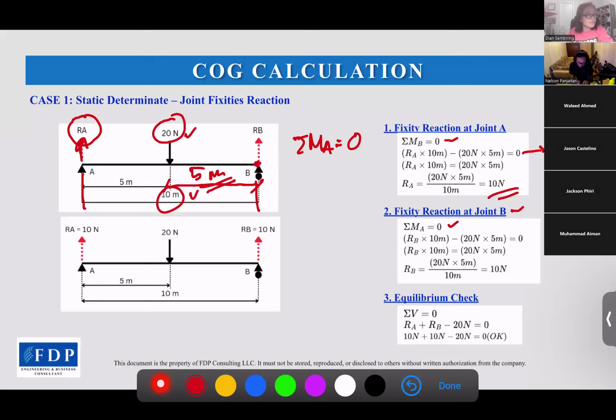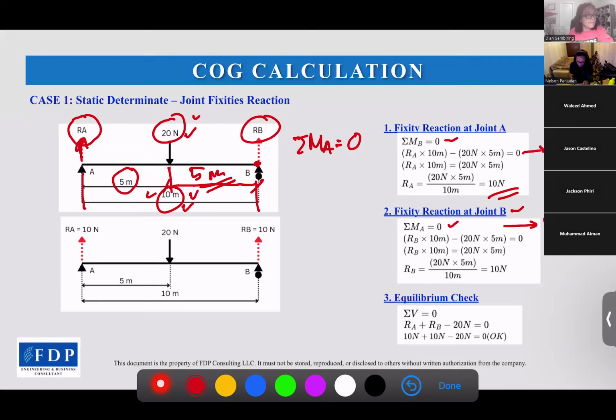There will be a reaction at B times 10 meters, the distance to the point A, and then there is 20 Newton times 5 meters, the distance to the point A. So from this formula, we can get the RB equals 10 Newton.